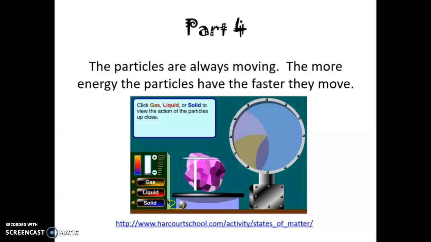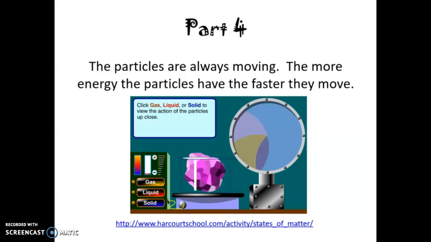So gas has the most energy, the particles are moving the fastest, and they have the most space, as we learned in the last slide. So as you take any substance, ice to water to water vapor, which is its gas form, each time you make a step and you heat it up more, give it more energy, those particles will move faster and spread out more.